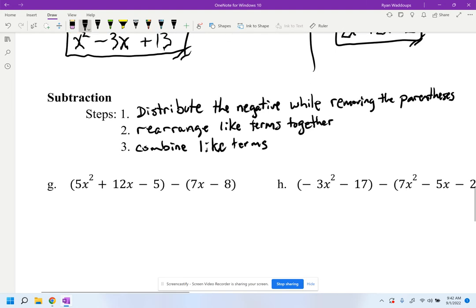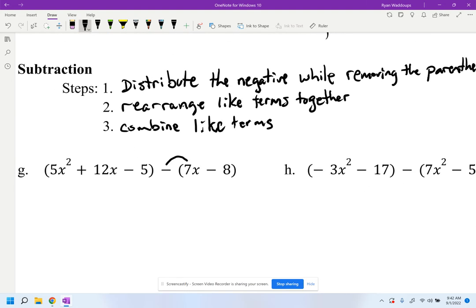So in this first one here, I'm going to distribute this negative to both of these. I'm going to write 5x squared plus 12x minus 5. The signs in this first one don't change because there's no negative sign in front of it. But this other does, so 7x becomes minus 7x, and minus 8 becomes plus 8.